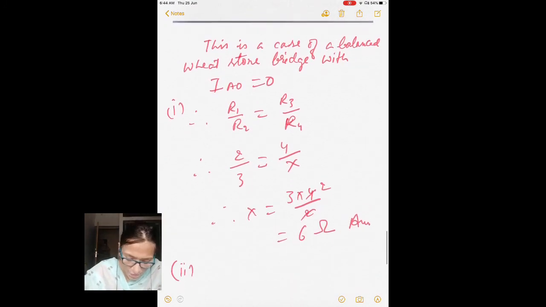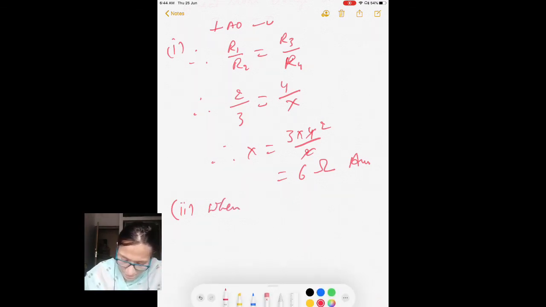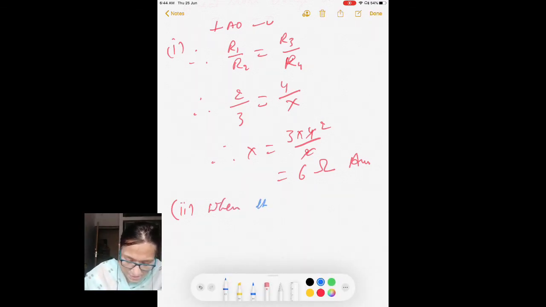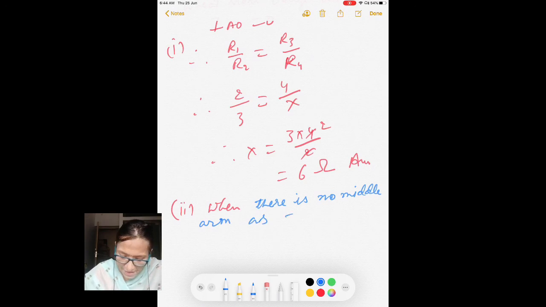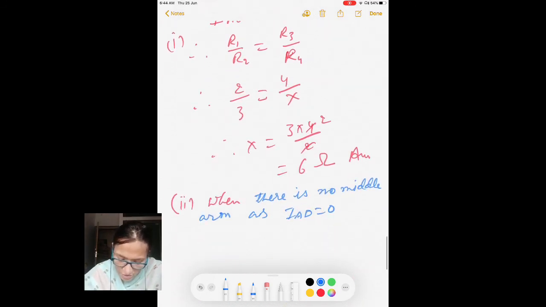So when there is no middle arm, IAD is equal to 0, IAO is equal to 0.